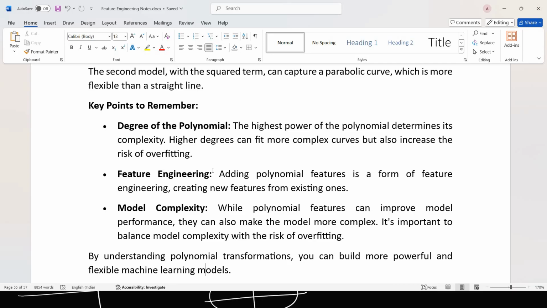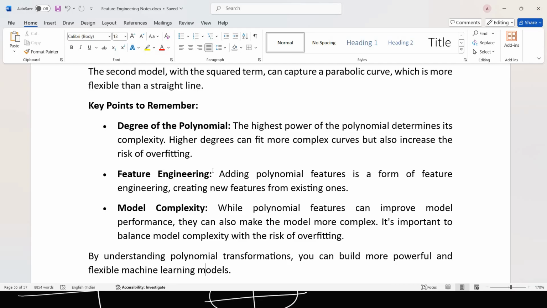And also, the second thing is that whenever you are adding a power to your equation, suppose you have a feature x, any name of the feature is x, and when you are increasing the power, then you are doing something like ax square, then bx plus c.